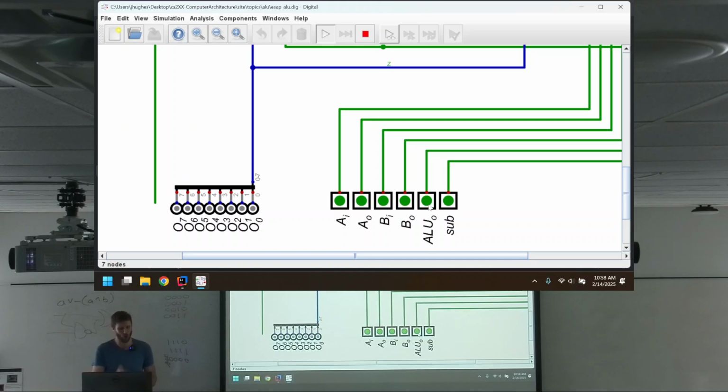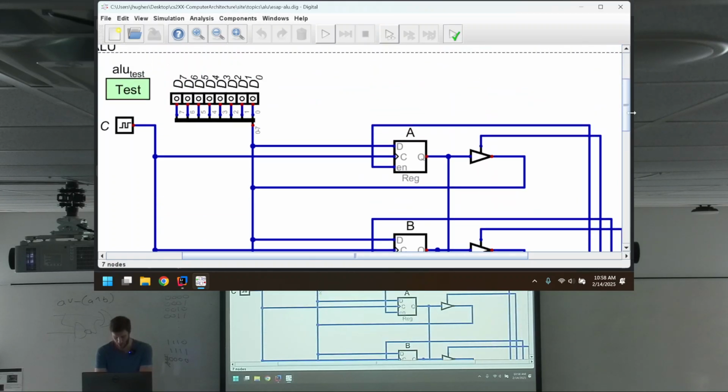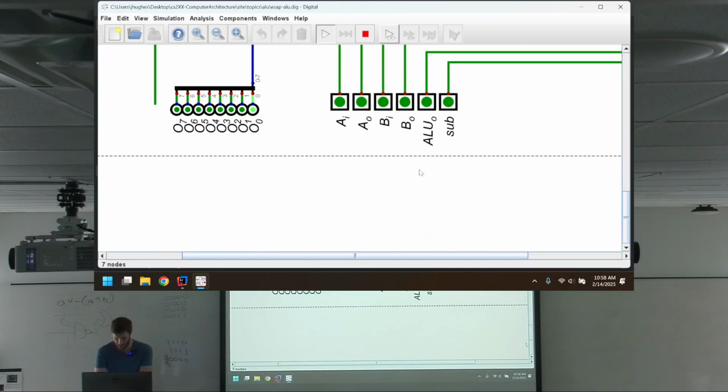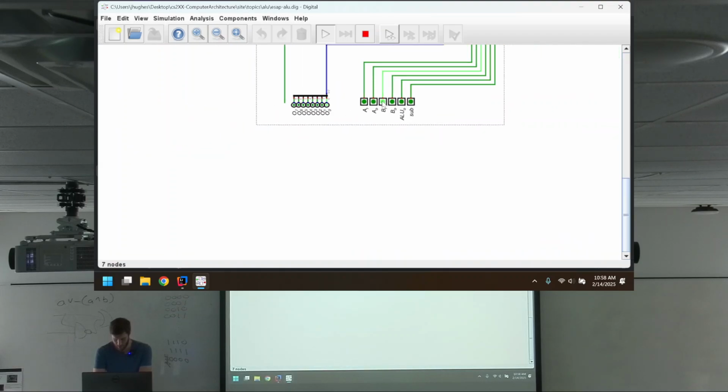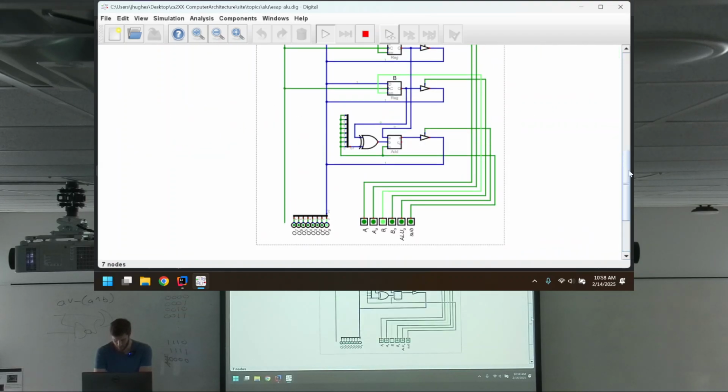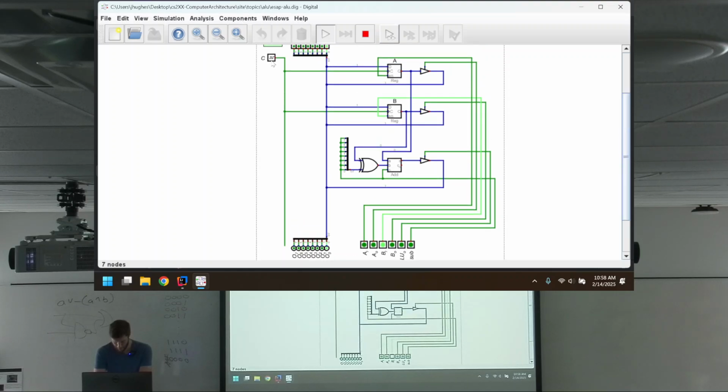How about this? Let's do the sum. Let's see if we can get this working. Okay, so I'm going to put 1 into B. Perfect.